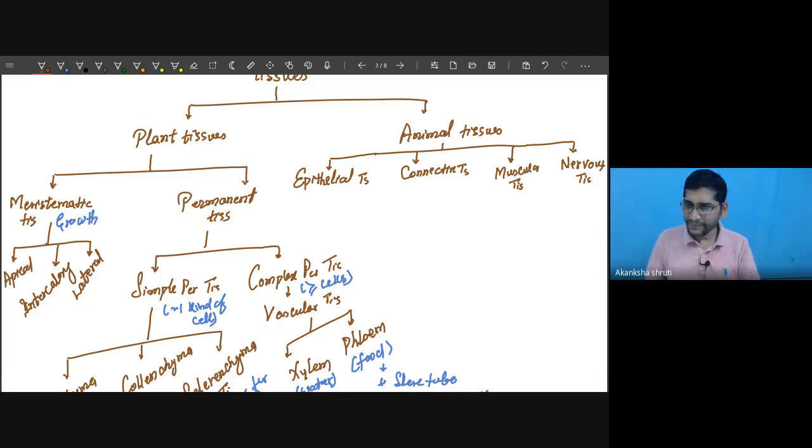Okay, students. Now if we come to the epithelial, epithelial means the outer protective layer. It is again of 5 types. That name we have to keep in mind. The first one is squamous epithelial, a flat structure like the skin.